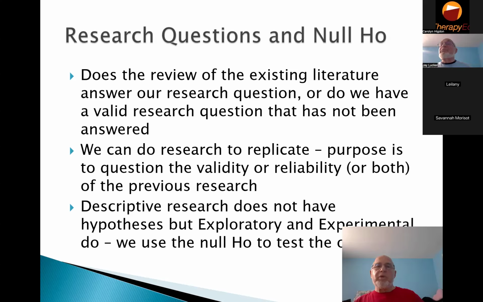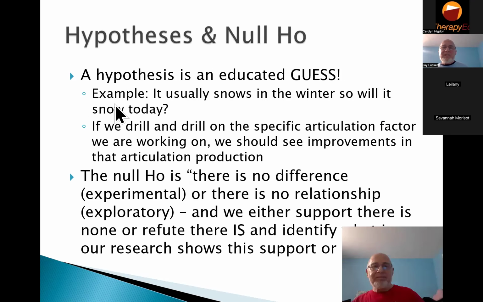If you're looking at an experiment, there is an improvement, or this therapy is the best to use, or this technique, this material was the most appropriate to use. The null hypothesis is there's no difference between this material and the other material or the standard material, or whatever else we're investigating. A hypothesis is an educated guess, because you state the hypothesis based on your research question.